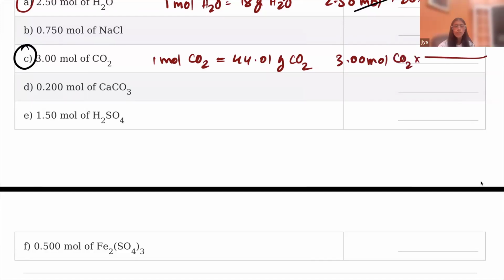And so the bottom would be 1 mole of CO2 because you want to cancel out the moles of CO2. And then 44.01 grams of CO2 will be at the top. And that gives us... let me calculate it.